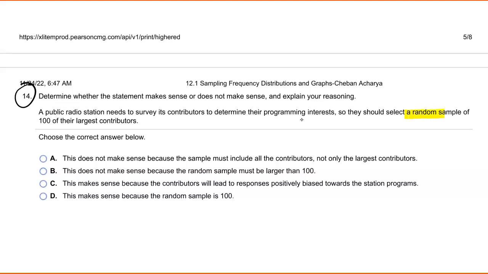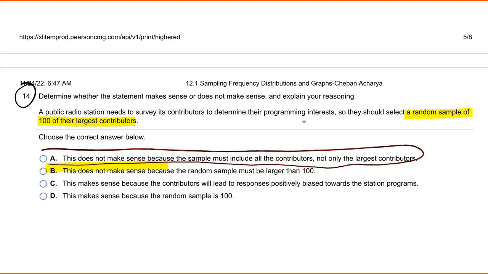If they randomly sample 100 of their largest contributors, that's going to be biased. Therefore, this doesn't make sense, because the sample must include all the contributors, not only the largest contributors. Make sense? That's the answer for question number 14.